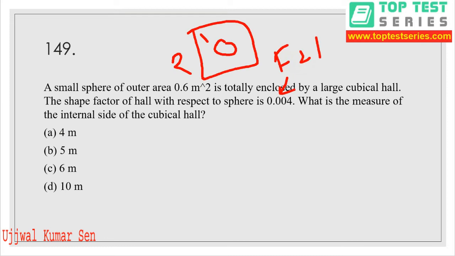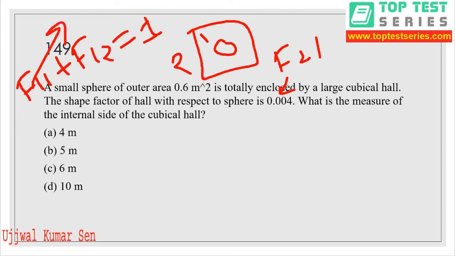Now we'll use the summation rule. F11 plus F12 is equal to 1. F11 is equal to 0, so F12 is equal to 1. Now we'll use the reciprocity theorem.